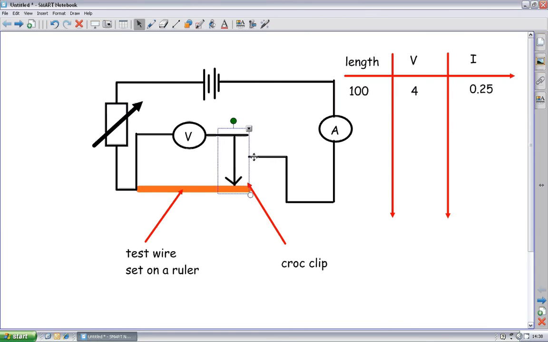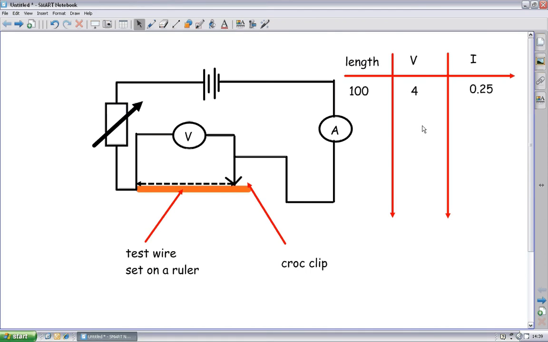Then I take my sliding crocodile clip and move it down here. Make sure it all stays connected up, because all these wires will drag with you. Now actually I don't have a full length of wire. I've just got between these 2 points, because this bit out here is no longer connected to the circuit, so it doesn't count. No electricity travels that way because there's no complete way back around to the battery.